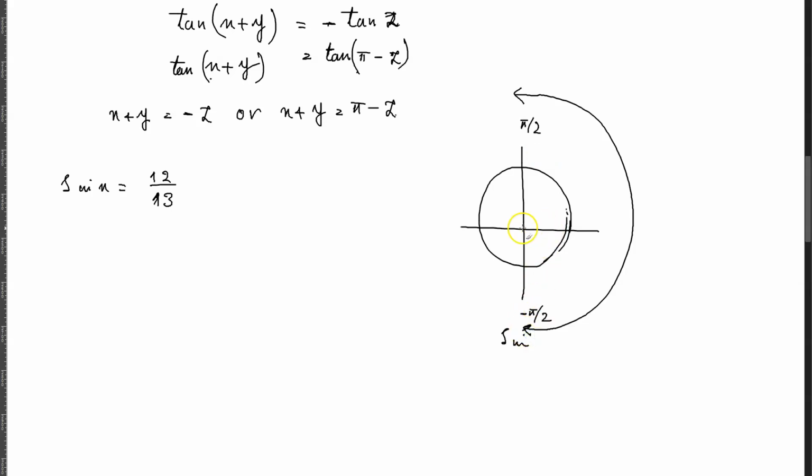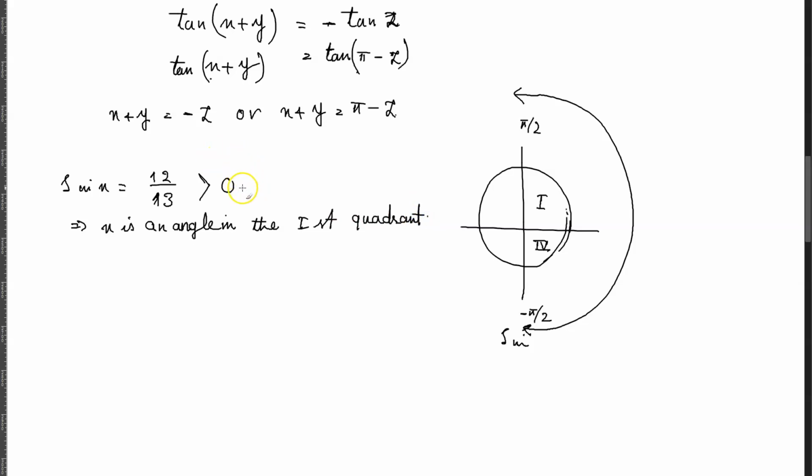Now if sine of x is 12/13, which is a positive value, that means that x has to be somewhere in the first quadrant, because if it was in the fourth quadrant, then the sine of x would be a negative value. So that basically means that x is an angle in the first quadrant.